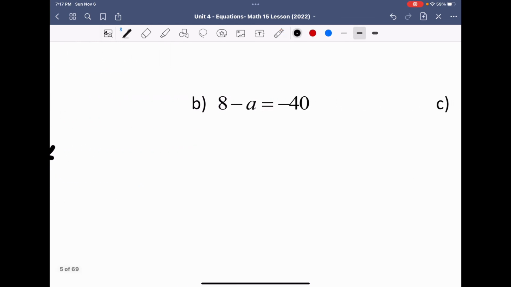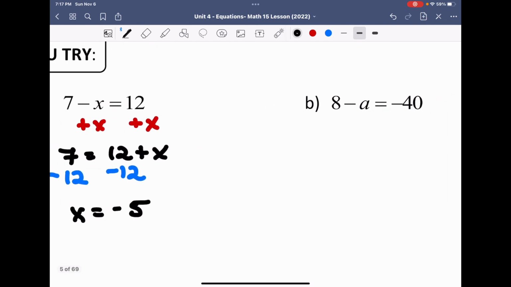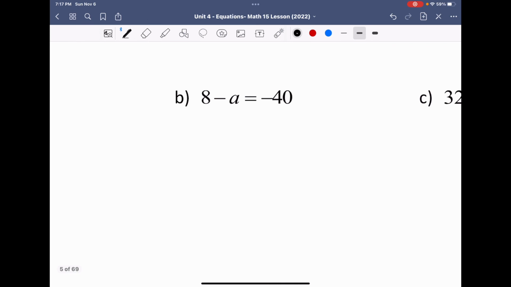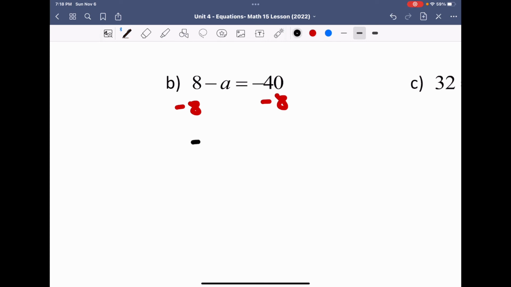All right, in this example here, since we added the x across in that example, instead, let's isolate the negative a here. If I subtract 8 from both sides, this becomes negative a is equal to negative 40 minus 8. This is negative 48. And remember, the coefficient of any of these variables when it's not written is negative 1.